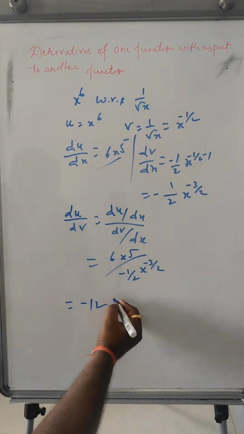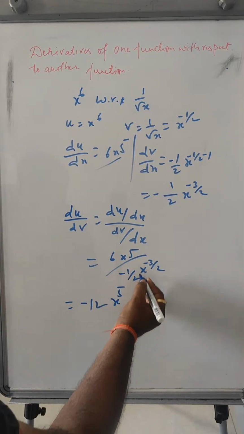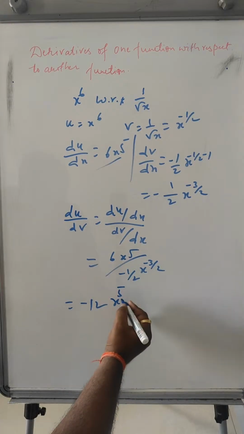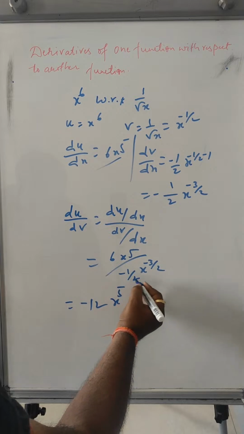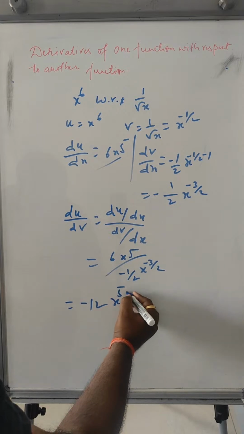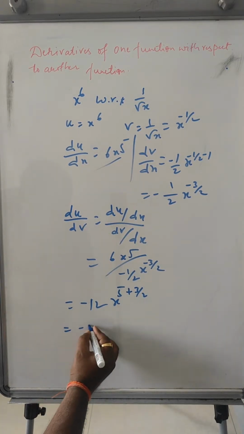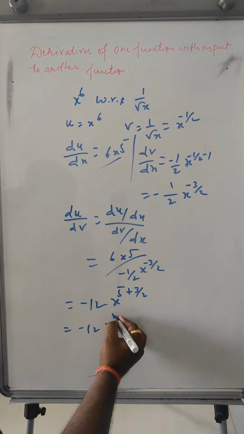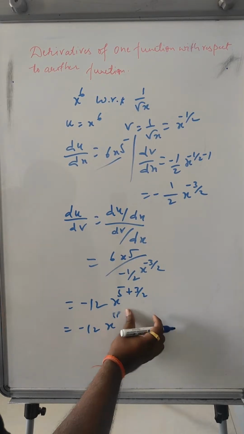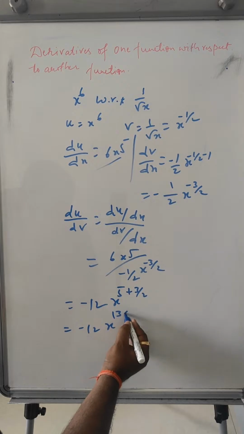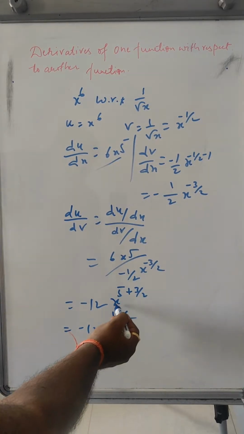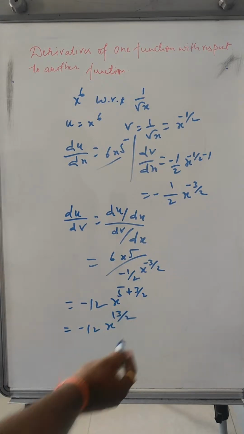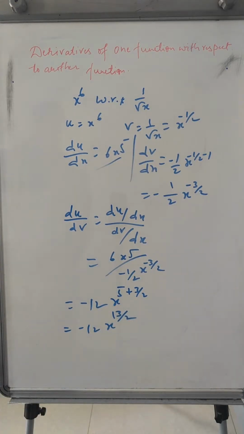Now x to the power 5, and this one also we can make like this, x to the power 5 plus 3 by 2, then it is minus 12 x to the power 13 by 2. I hope you understand this, correct? X power 5 plus 3 by 2. Okay, that much you should know.